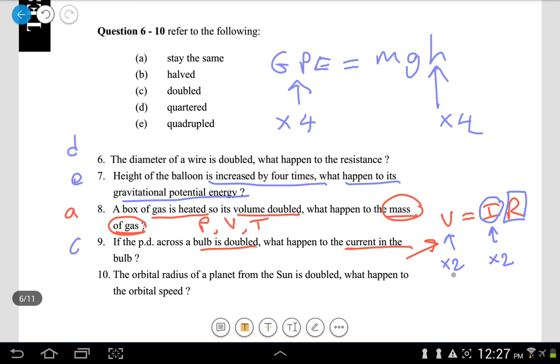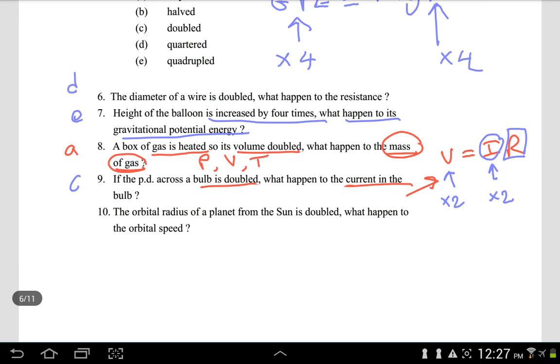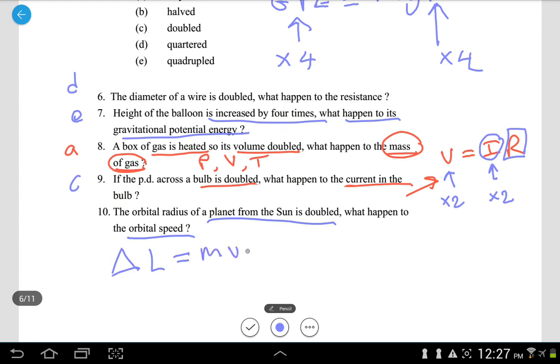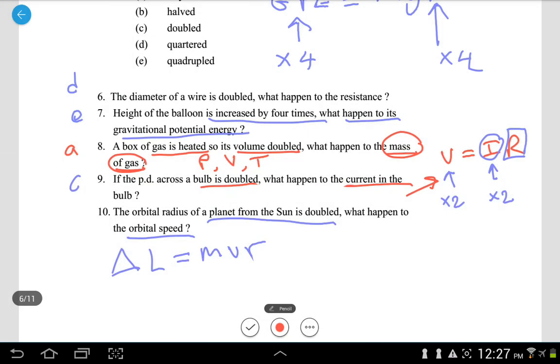All right, last one, number 10. The orbital radius of the planet from the sun is doubled. What happens to the orbital speed? In this case, you have to recall that this relates to delta L, or angular momentum, which is mvr. So delta L has to remain constant. What's happening right now is R doubled.